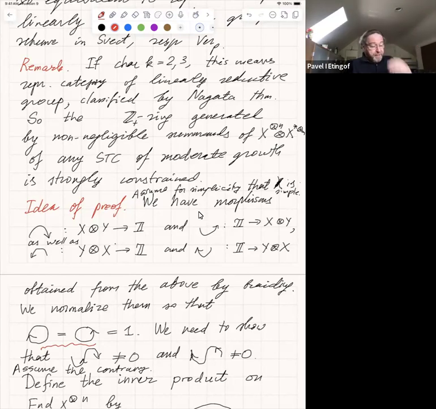And now to establish rigidity, these are not quite the evaluation and co-evaluation maps. For those, we need, and this is somehow the crucial point, the main point, that this zigzag or snake is equal to 1. And here, it's not going to be equal to 1. In fact, if we do it in a pivotal fusion category, a spherical fusion category, these snakes are going to be the reciprocal of the dimension of our object.